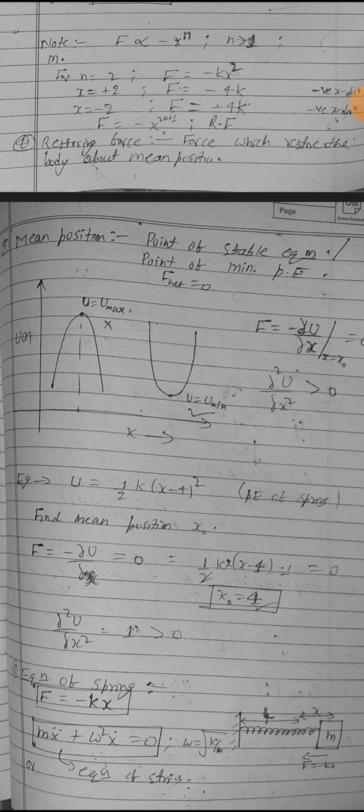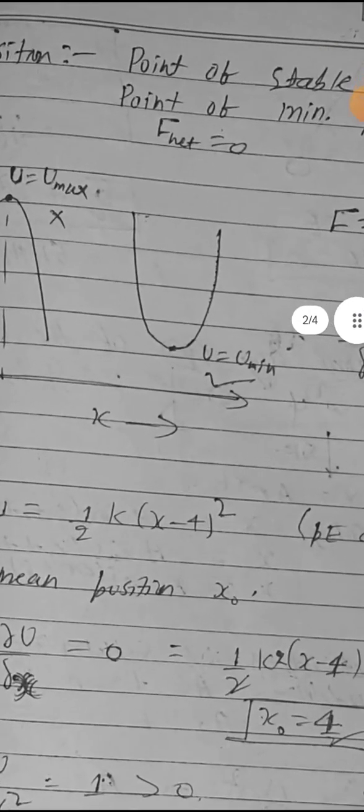Is that the point of stable equilibrium? No, because at the point of stable equilibrium or at mean position, there should be minimum potential energy. So the second one is mean position, because that is the point of stable equilibrium.